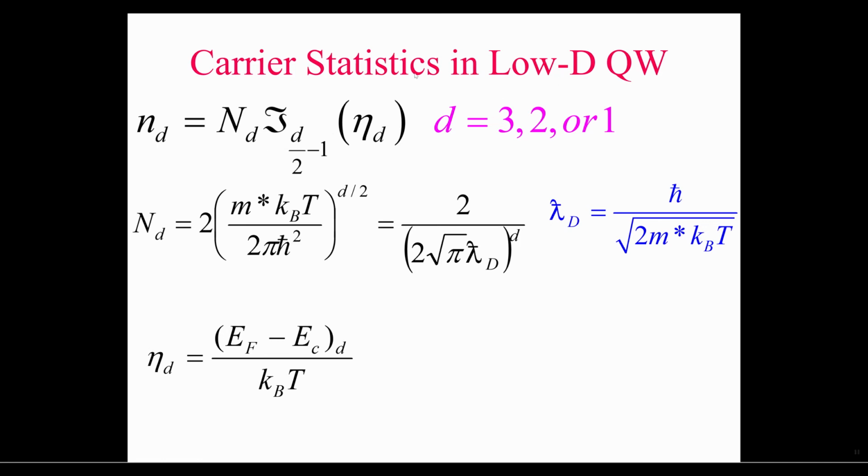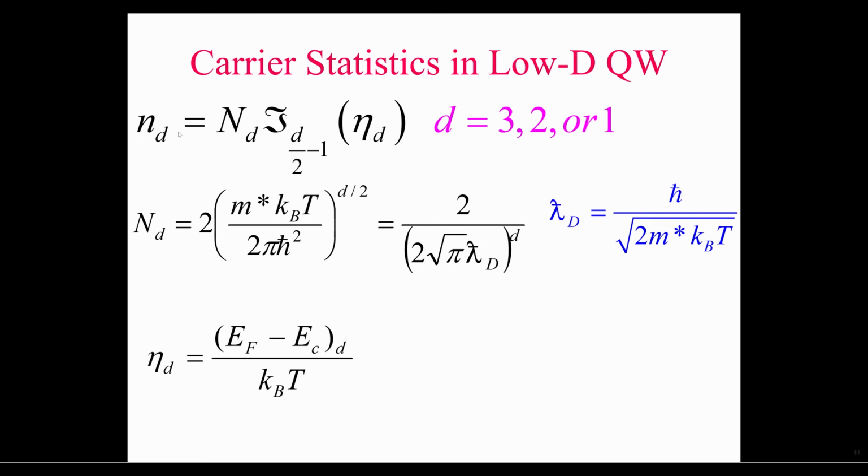This is the same thing. We are just trying to show you, if you use 3D here, and use this formula here, 3/2 minus 1, you get your Fermi-Dirac order correctly. If it's 2D here, 2/2, 1 minus 1, you get F0. And if we put 1 here, you get negative half.